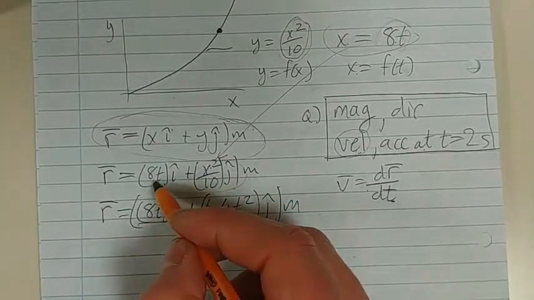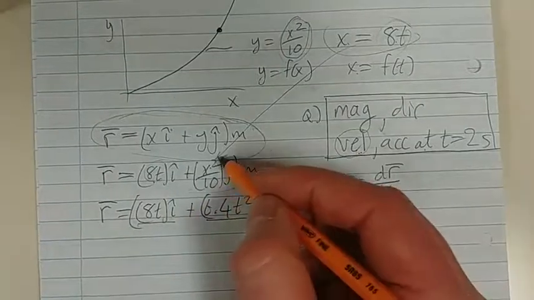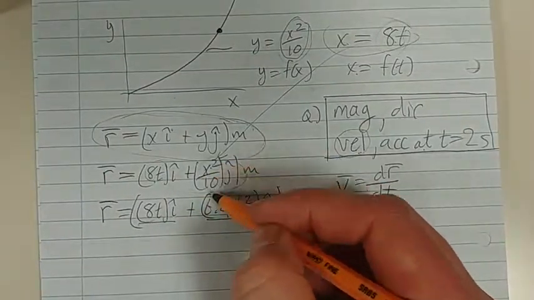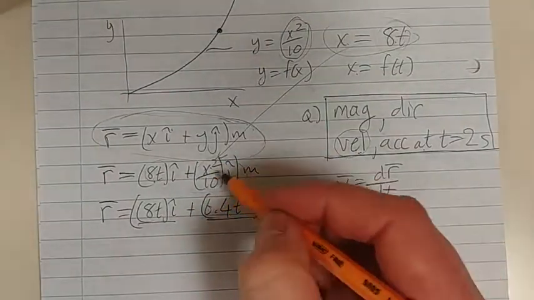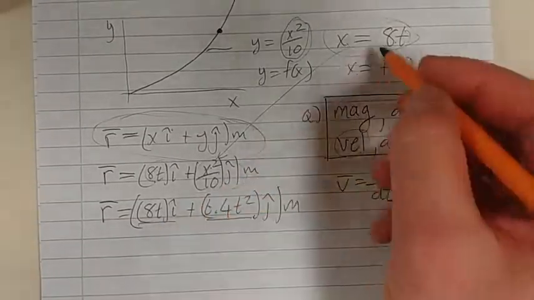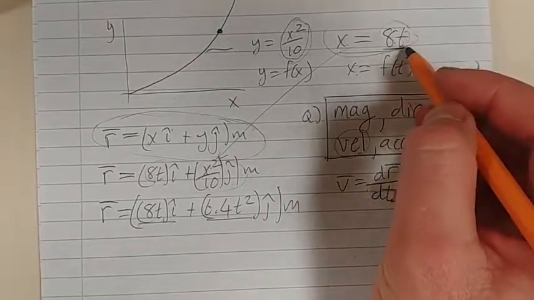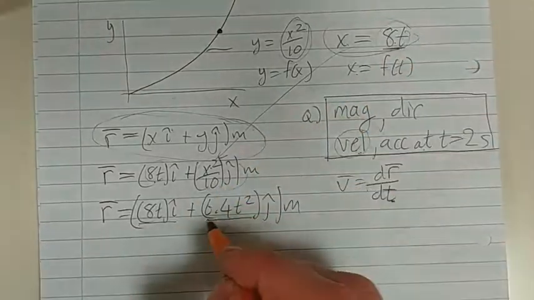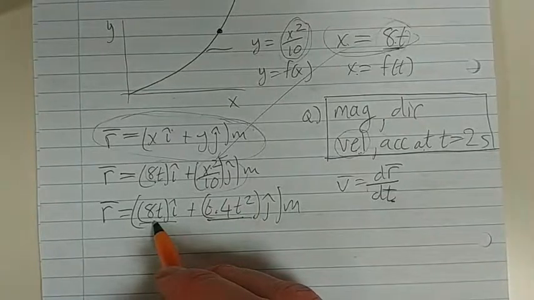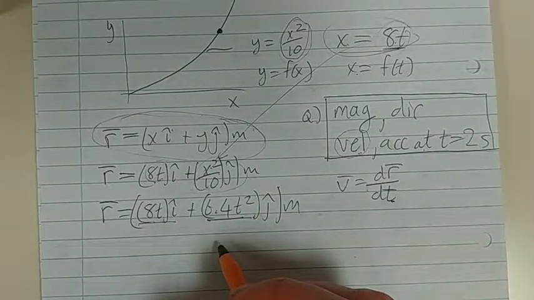I would have gone d/dt of this, straightforward, because it's already a function of time. But for this, I would have needed to use the chain rule. But because I have the explicit function of x as a function of time, I can plug that in and get both my x and my y in terms of time.